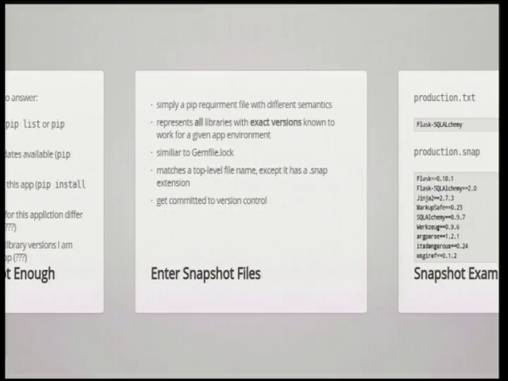In our use case, we usually have the snapshot file match the top level name, except it has a .snap extension. And these files do get committed to version control. So this is how I know what is the expected development environment, what is the known tested list of dependencies for production? What is the known tested list of dependencies for my local Linux development box?